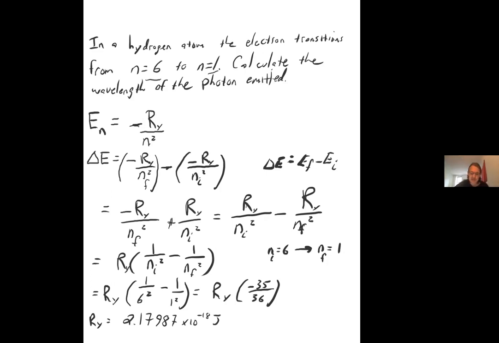So let's go ahead. I'm going to create a new slide. So now we've got delta E is equal to 2.17987 times 10 to the minus 18 joules times, remember it's negative 35 over 36.